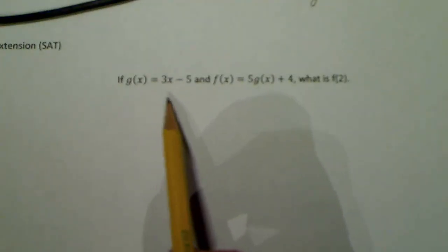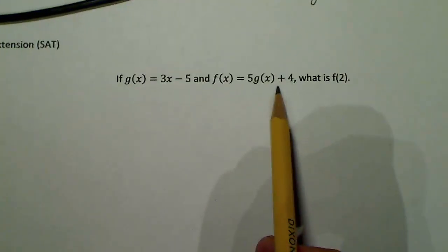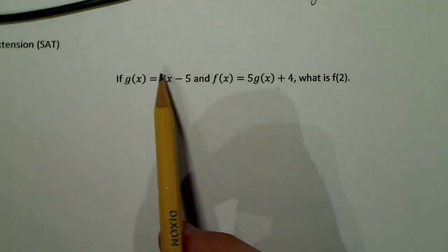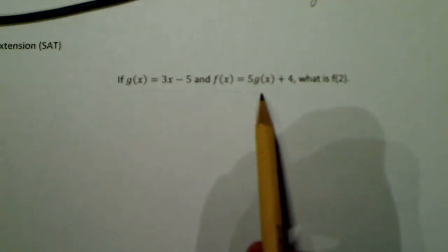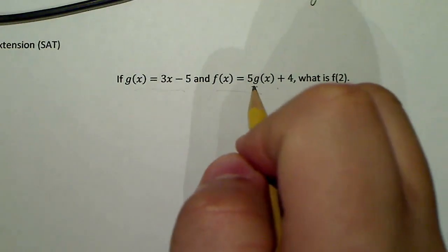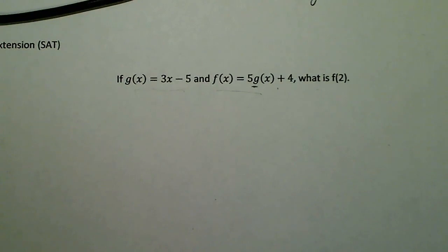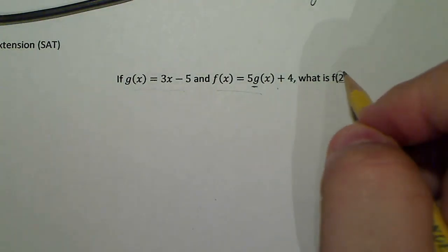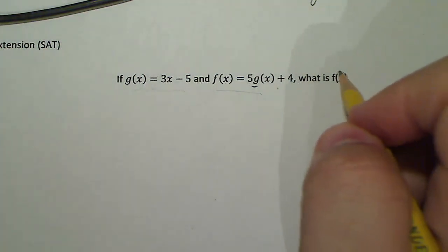So it's an evaluation question. The question is, if you have g of x and f of x, what is f of 2? Notice one thing: there's a g right in the middle here. So what we do is we take this 2 first, and we substitute it in for the x.